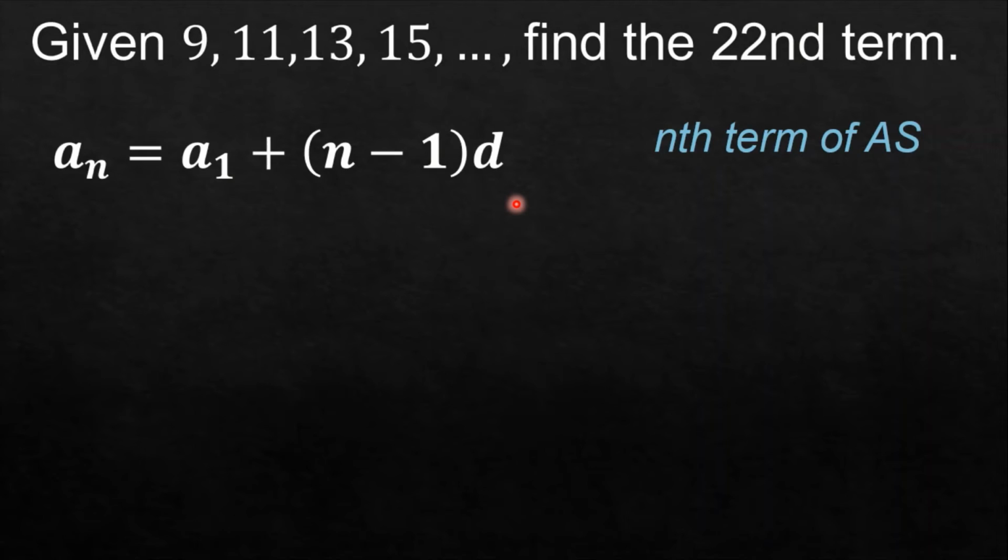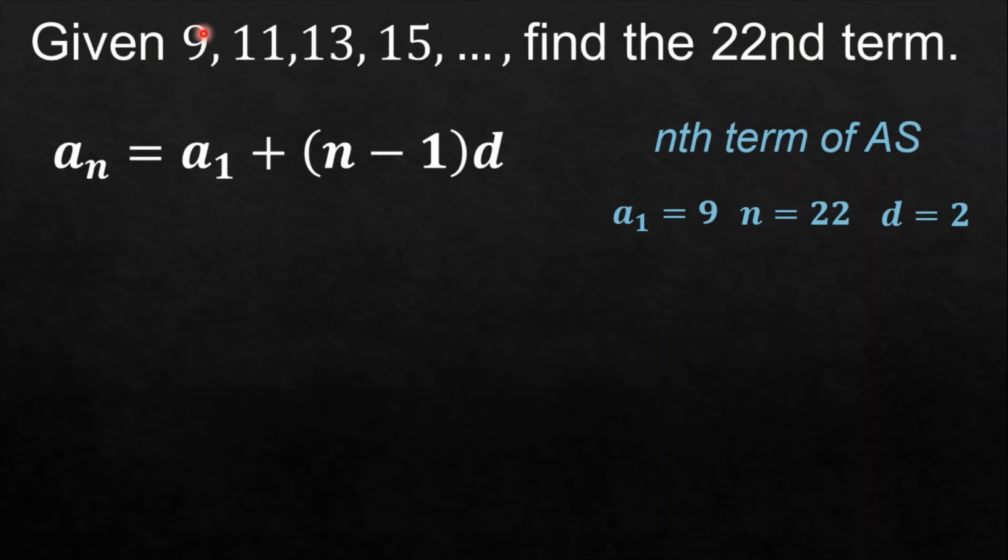So, now using the nth term or general term of an arithmetic sequence, we have a sub n equals a sub 1 plus quantity n minus 1 times d. So, ang una natin gagawin ay hanapin natin ang mga values ng a sub 1, n, and d na kakailanganin natin sa pagsasolve. So, in this case, ang a sub 1 natin ay 9.